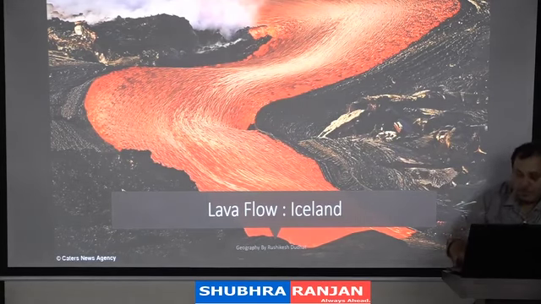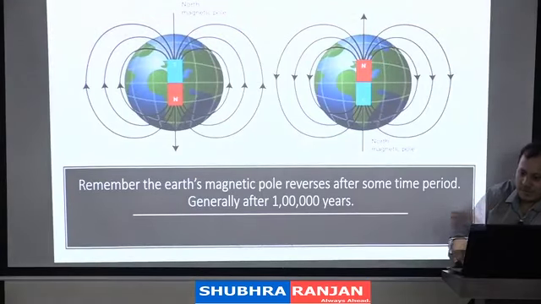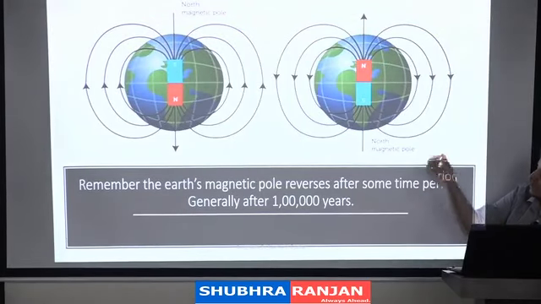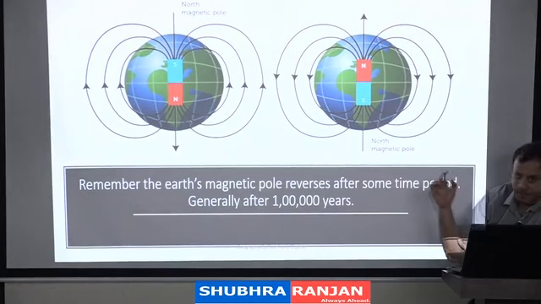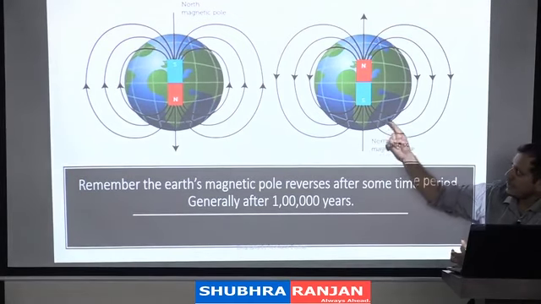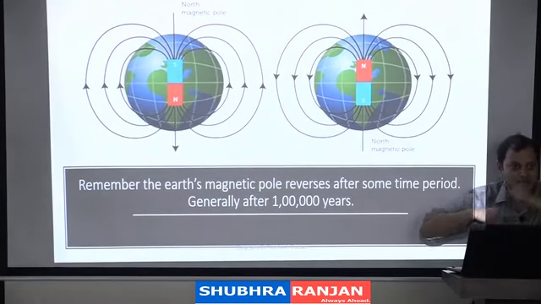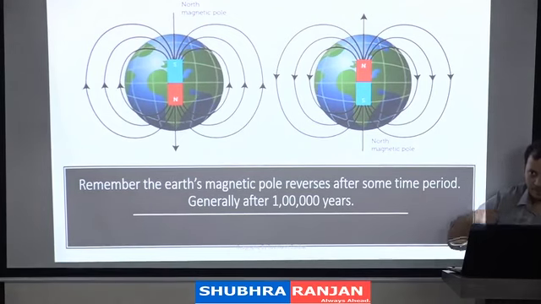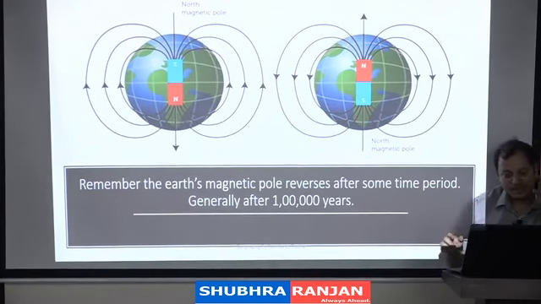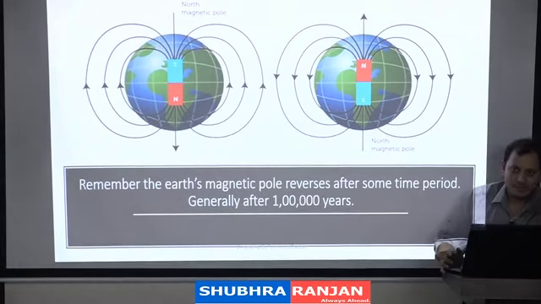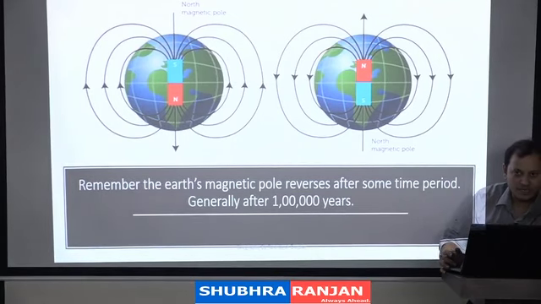Now when this basalt rock is there, it has iron in it. So if this is the magnetic field of the earth today, the normal magnetic field, over a period of time the magnetic field goes on reversing. This is a regularly occurring phenomenon because convectional currents are changing direction and therefore the magnetic field reverses.